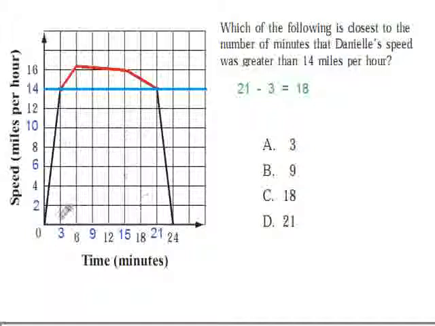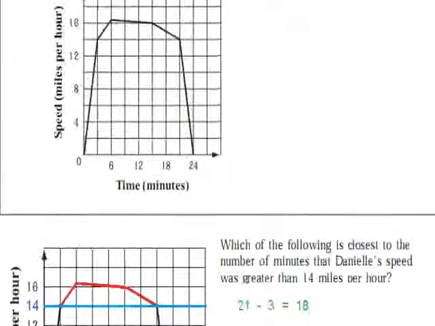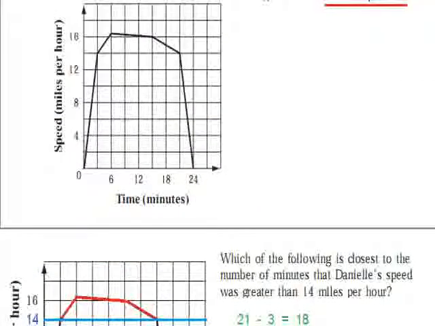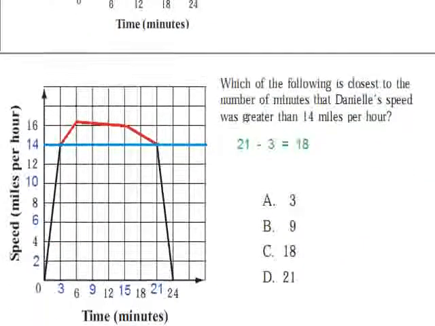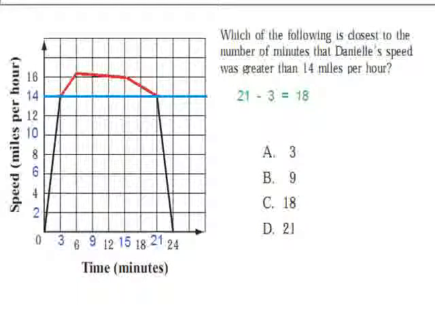Well, I filled in the missing numbers here, because in the original graph there were numbers missing, and it's kind of hard to read when numbers are missing. But when you fill in the numbers, then you can just draw a line in your imagination to where it hits, right? So on her third minute she started going above 14 miles an hour, and then on her 21st minute she started dropping below 14 miles an hour.